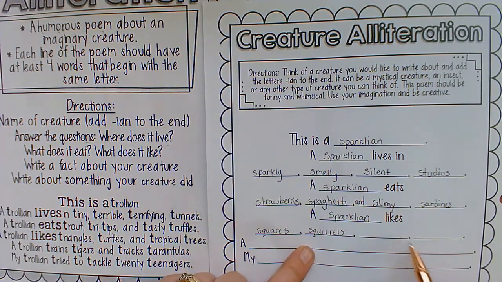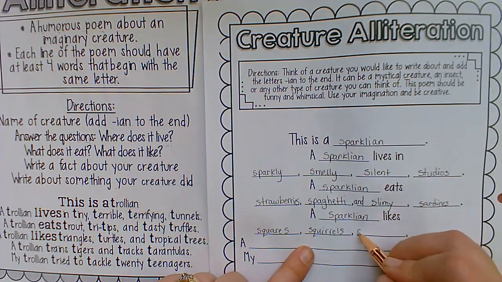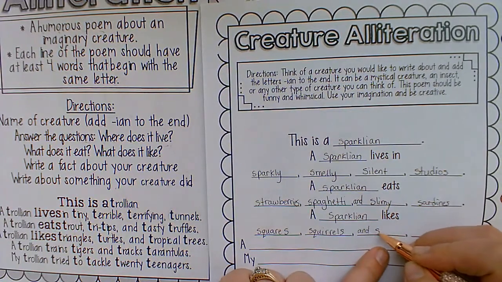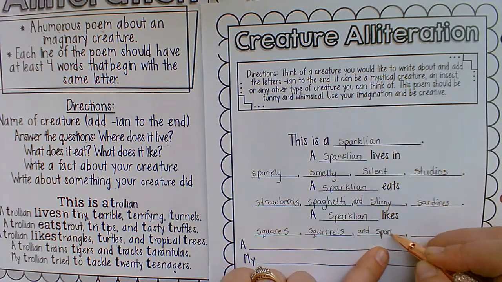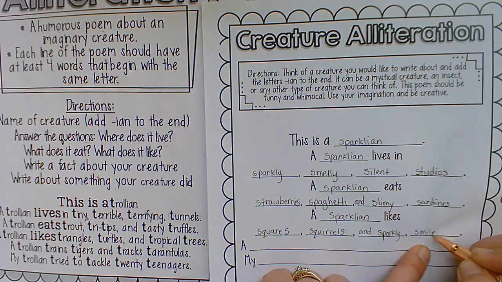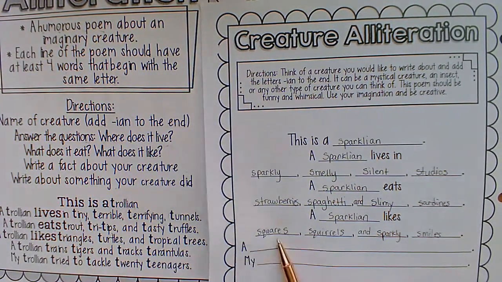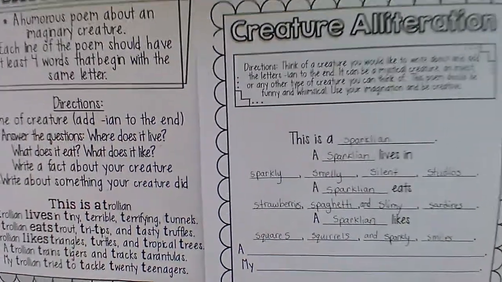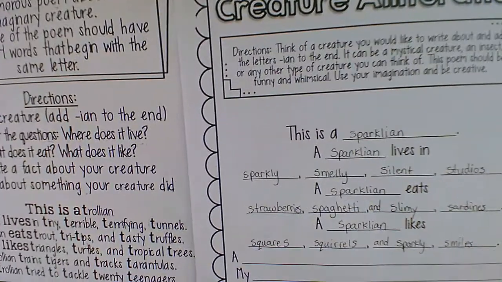And then I'm going to do a describing word again here. So I'm going to put "and sparkly." There has to be something about sparkles. Sparkly smiles. A Sparklian likes squares, squirrels, and sparkly smiles. I think alliteration is so fun.